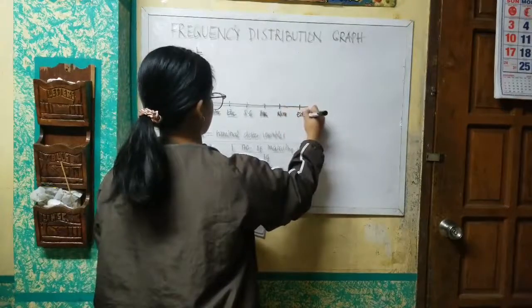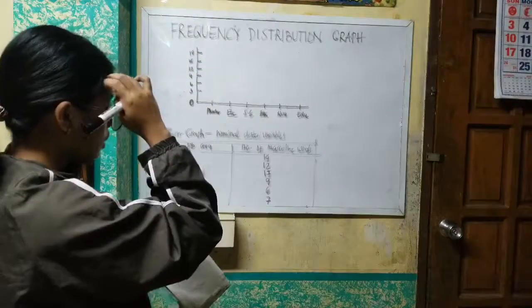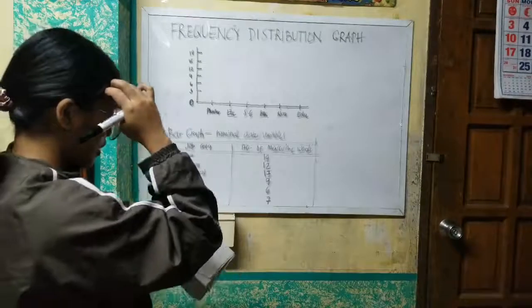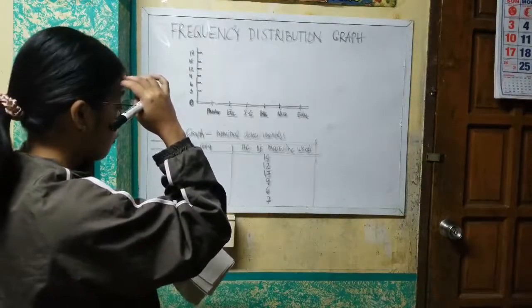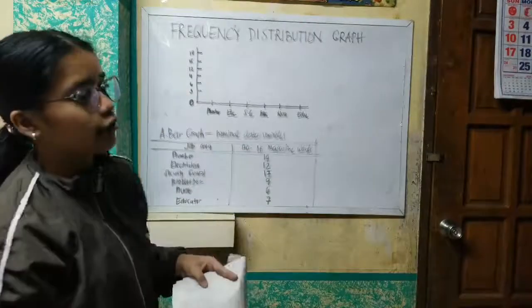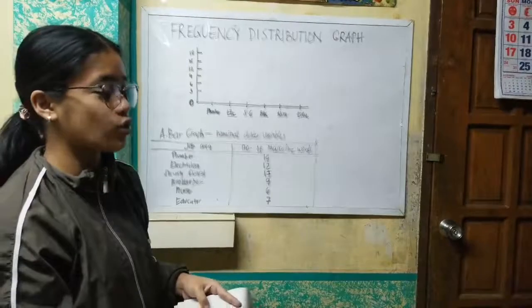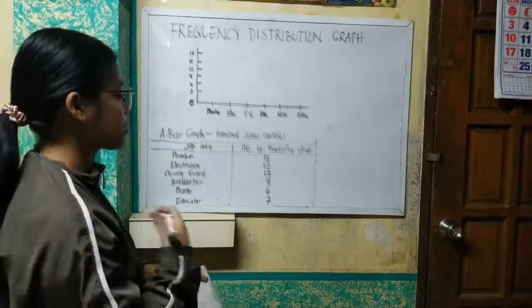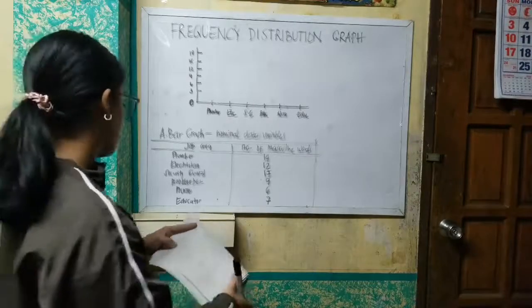So it's time for us to draw the graph, or the bars. For this specific graph, we should start with the highest frequency, or the highest score, which is 17 for the security guard.